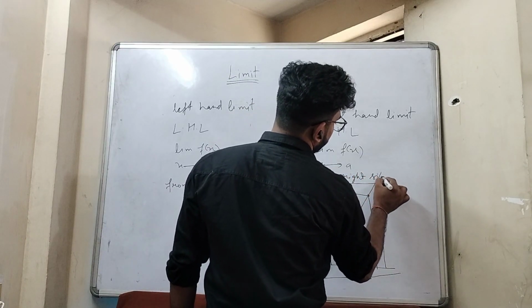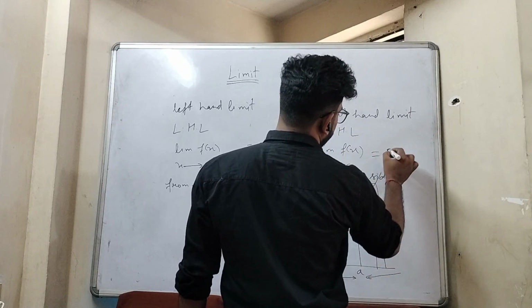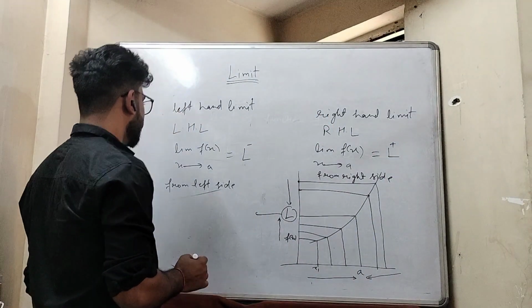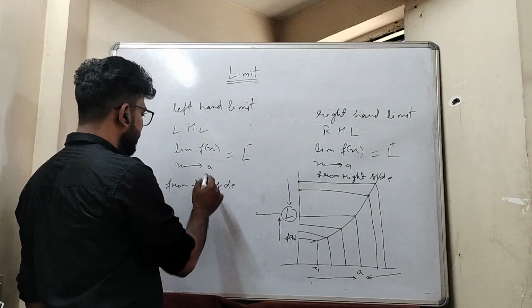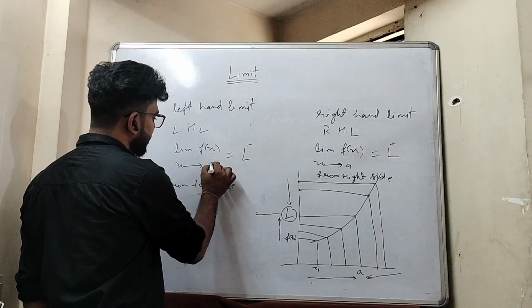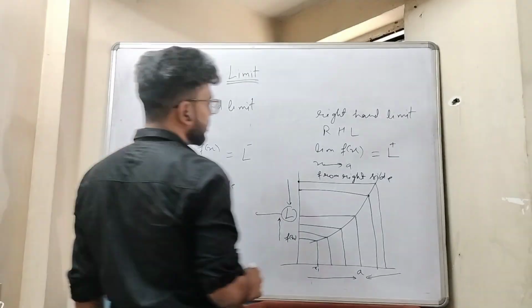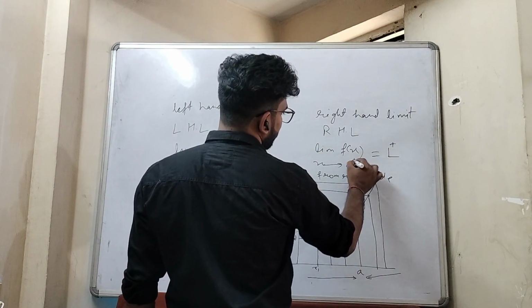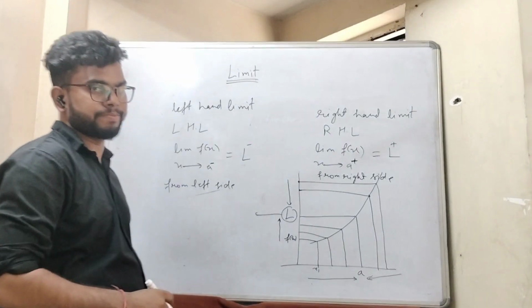Suppose you get the limit L, we denote it with L positive. For the left hand limit we put a minus sign over the head of A, and for the right hand limit we put a plus sign over the head of A.